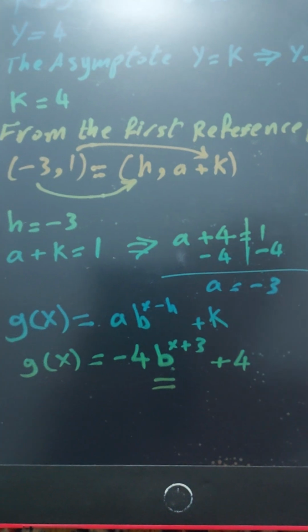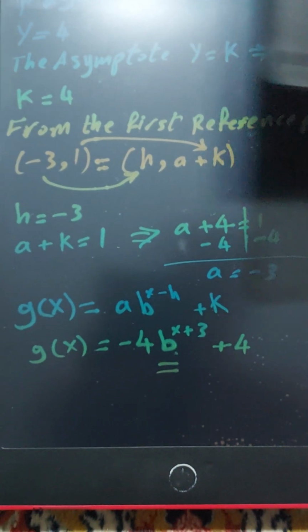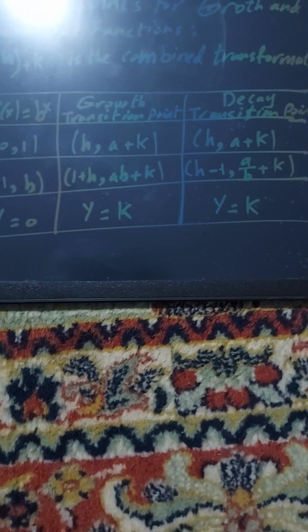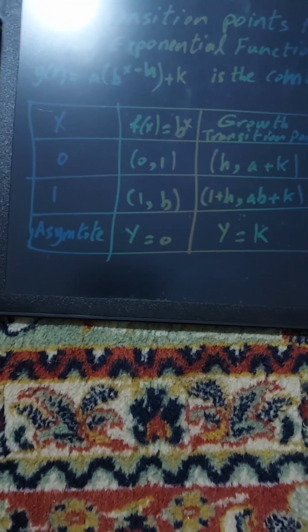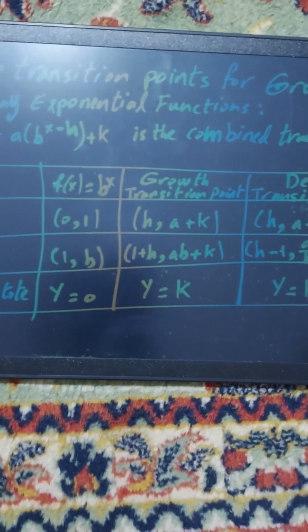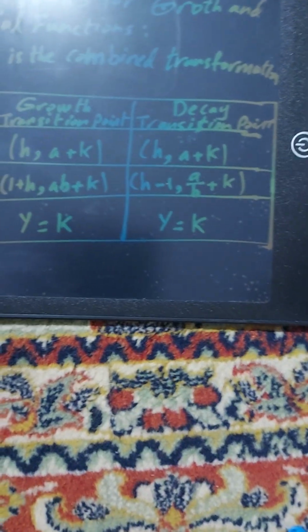And from here, we're going to touch on the transition points. We have different transition points for growth versus decay. When x equals 0, the transition points are the same for growth versus decay.